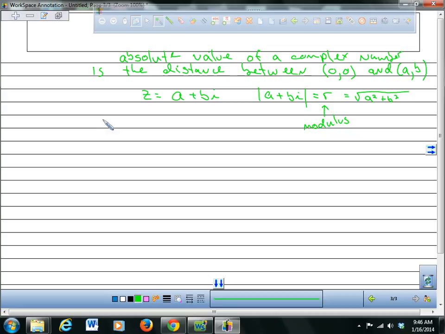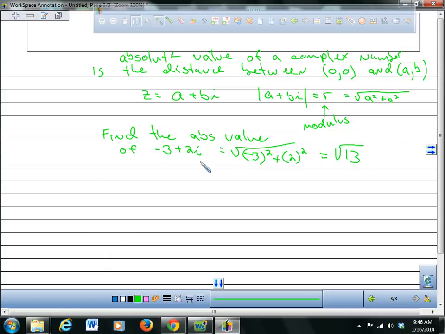So, for instance, if I wanted to find the absolute value of -3 plus 2i, I would just take the square root of -3 squared plus 2 squared, which would give you the square root of 13.